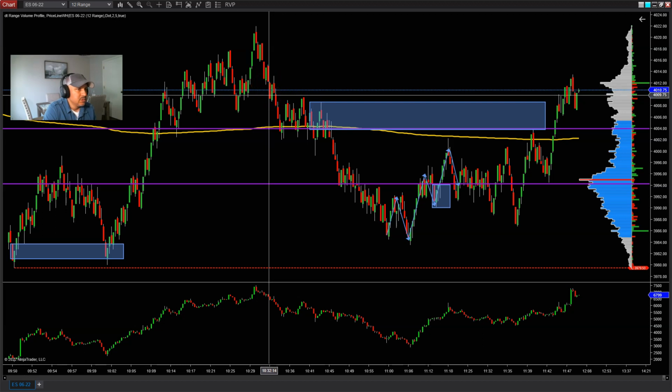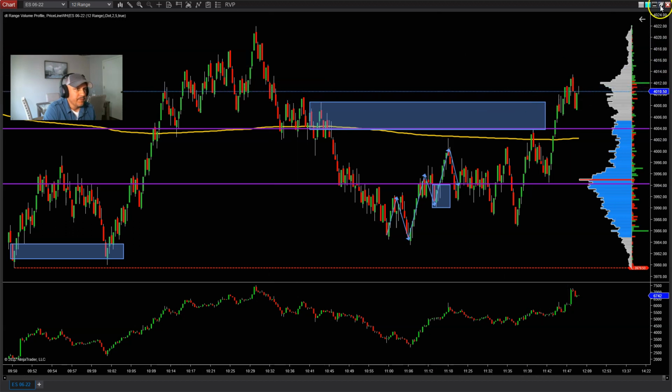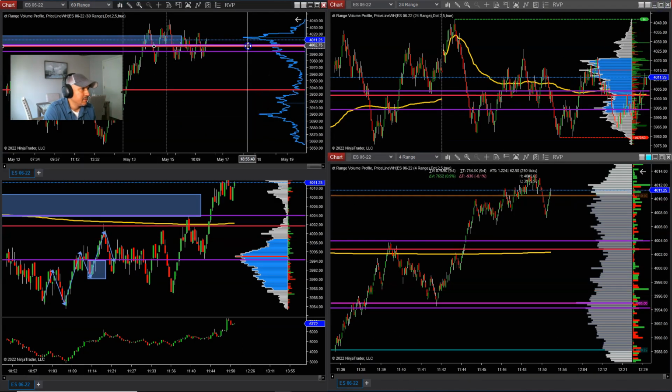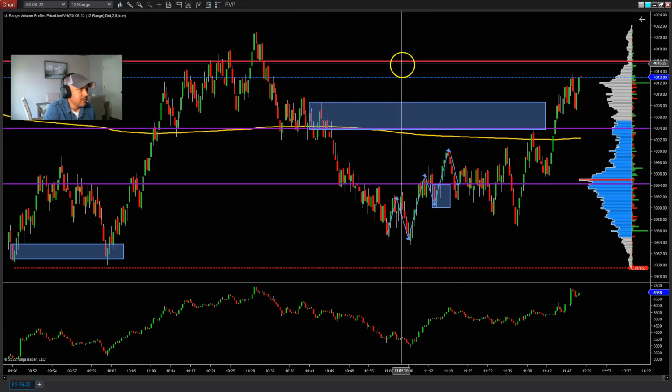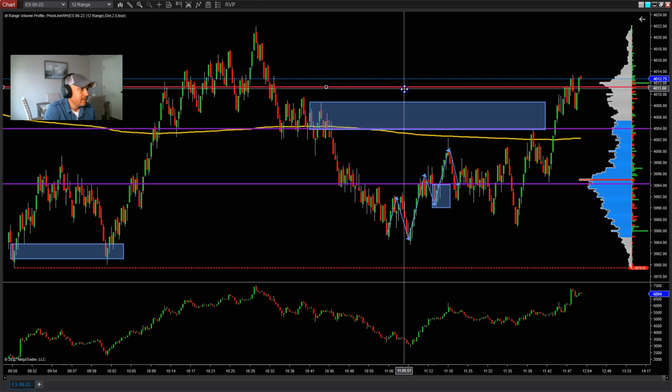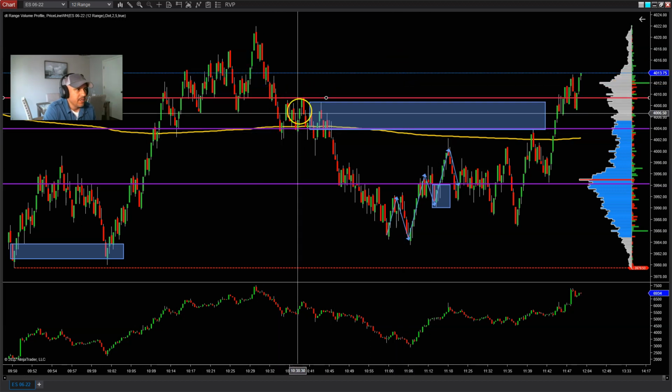So let me grab some lines here, or at least one line, and let's see. It hit this area right here. This right here was an area of supply, but it's already been tested.